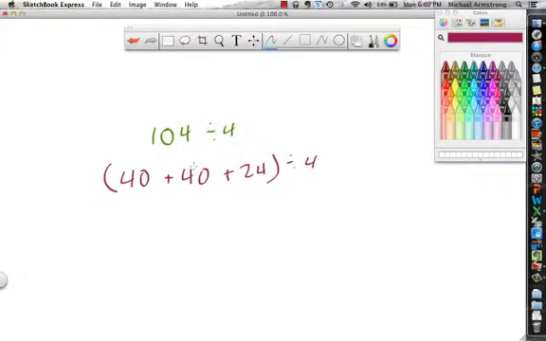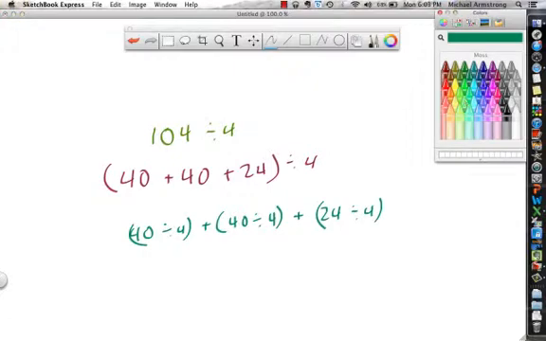Okay, and then we might switch back and go 40 divided by 4 plus 40 divided by 4, or just multiply it times 2 because you're doing the same thing twice, plus 24 divided by 4, and that is equal to 10 plus 10 plus 6, because 40 divided by 4 is 10, and 24 divided by 4 is 6.